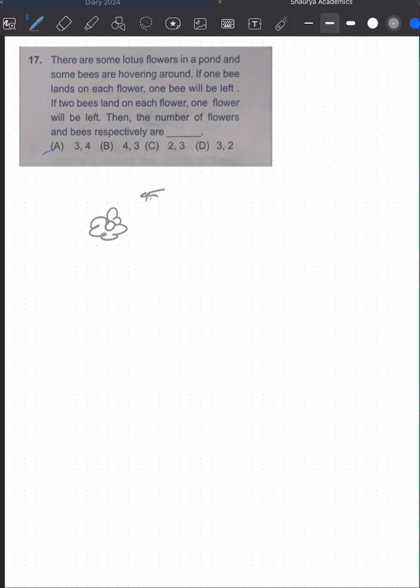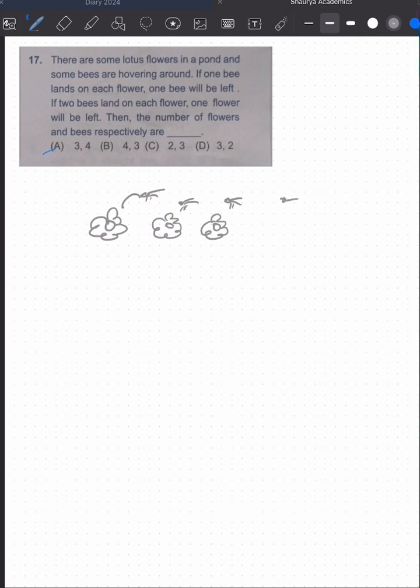Now let's check with the first option. So number of flowers and bees respectively. Let's say we have 3 flowers, and one bee is sitting here, another bee is sitting here, another bee is sitting here. So 3 flowers and 4 bees.